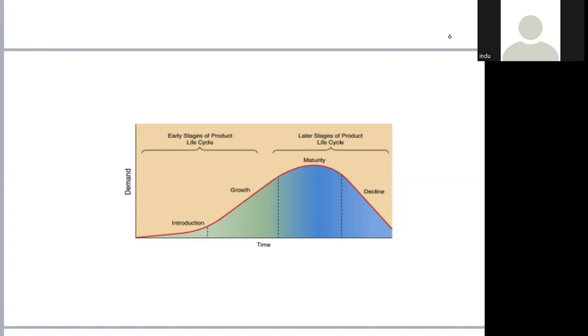So there are typically 4 stages of the product life cycle. First, the introduction stage, then the growth stage, next the maturity stage, and finally the decline stage.